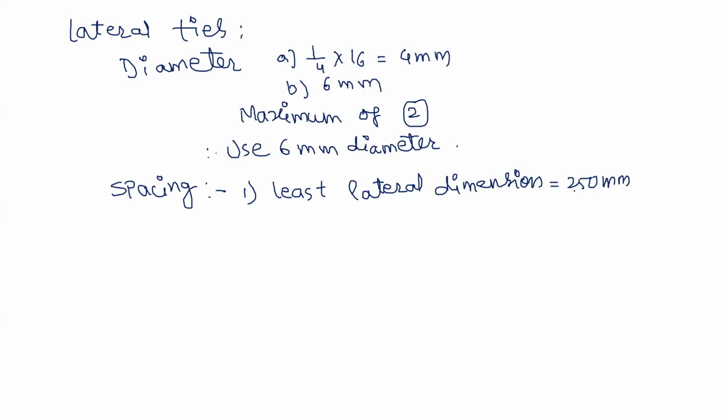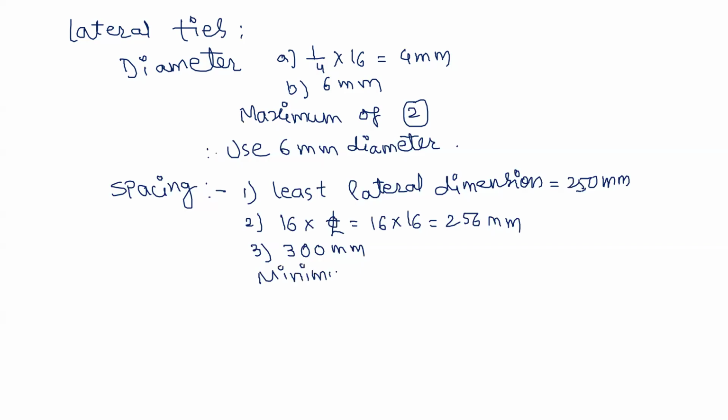Then second, 16 into smallest diameter, so 16 into 16, and third we have 300 mm. And we have to take minimum of 3. And therefore use 6 mm Tor at 250 millimeter center to center.